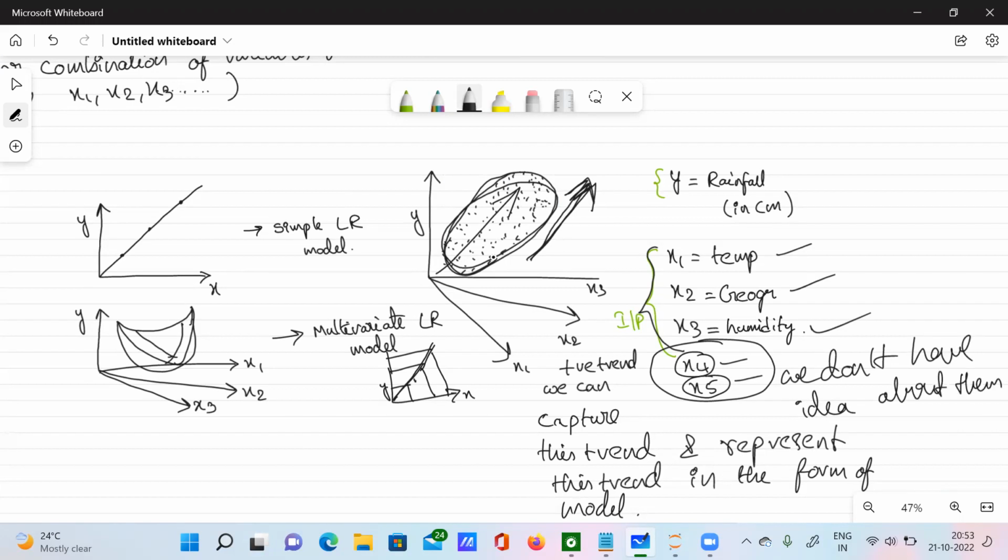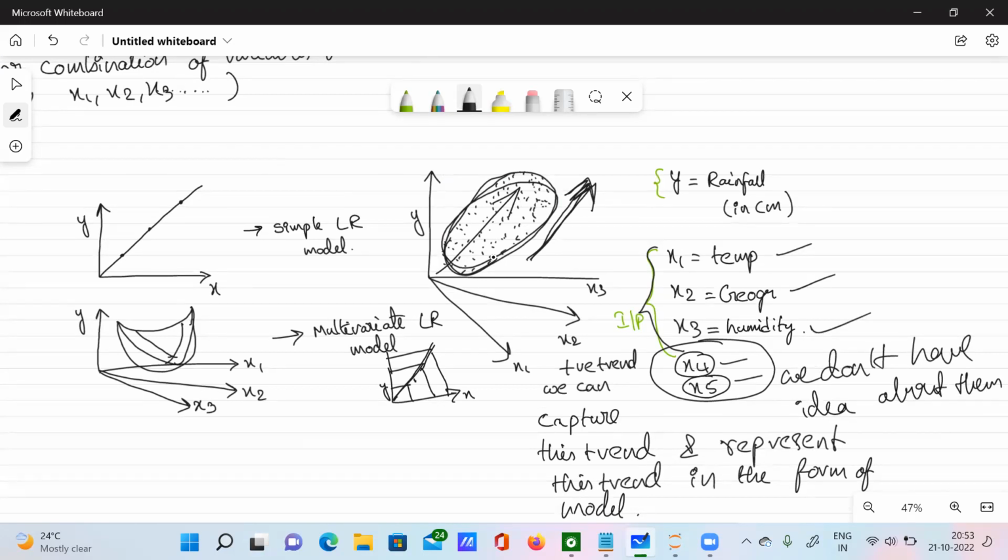Since we don't have any information regarding these two remaining factors, we are not considering them. Instead, we are ignoring those two factors, and we went with only these three variables in the model building process. So due to this reason, our data points are getting scattered.